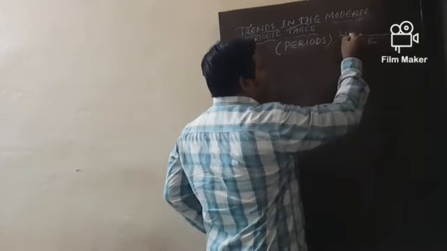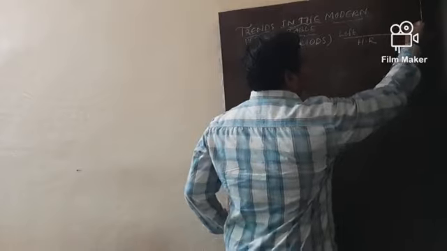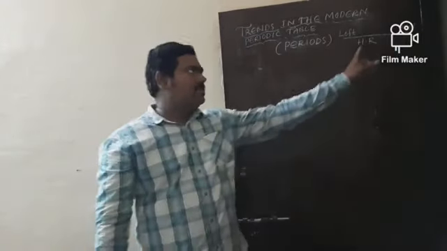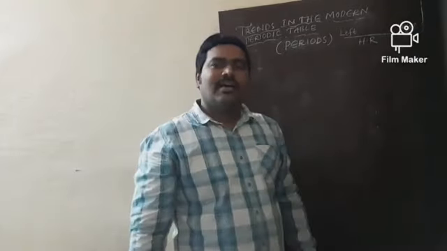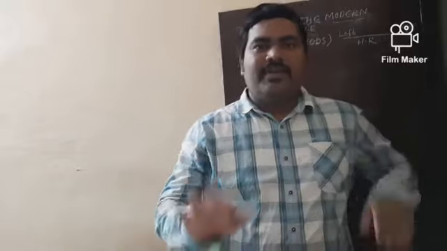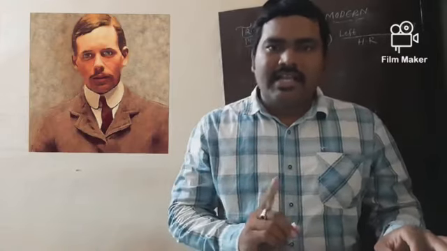One is the left end, the second one is the right end. Okay, just observe and remember this information. Now, how many periods are there in the modern periodic table? There are 7 periods.